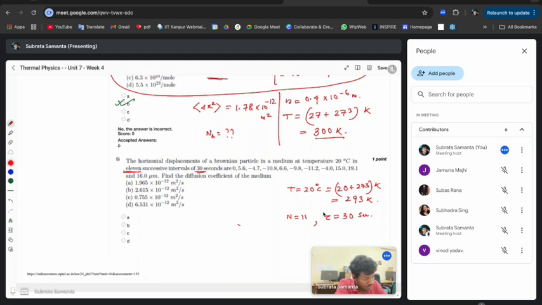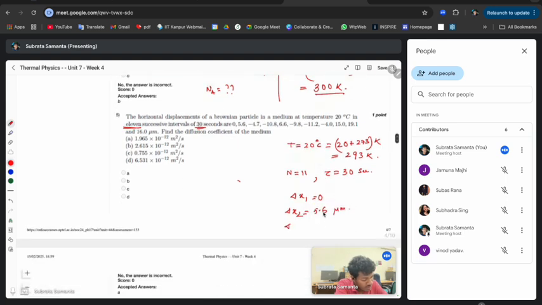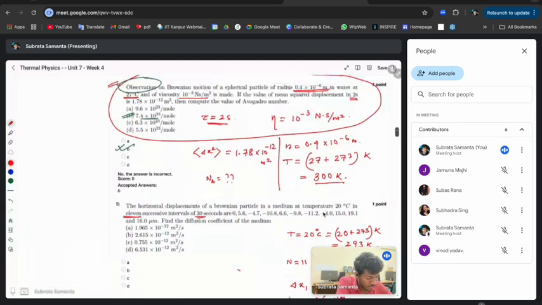So delta x1 is 0, delta x2 is 5.6 micrometer, and delta x3 is how much? Minus 4.7 micrometer, and so on. So the data is all the same as before, right?